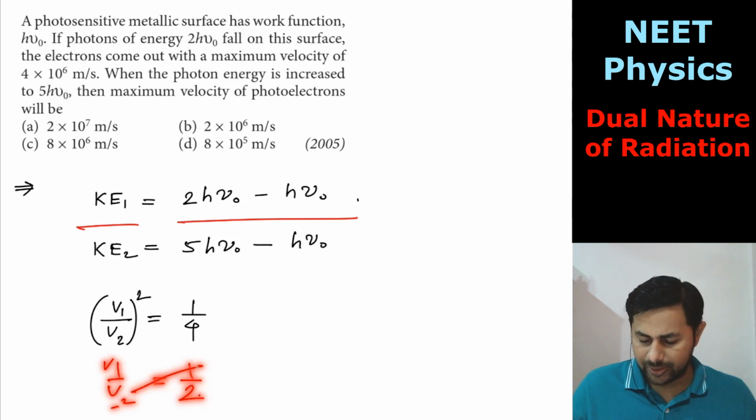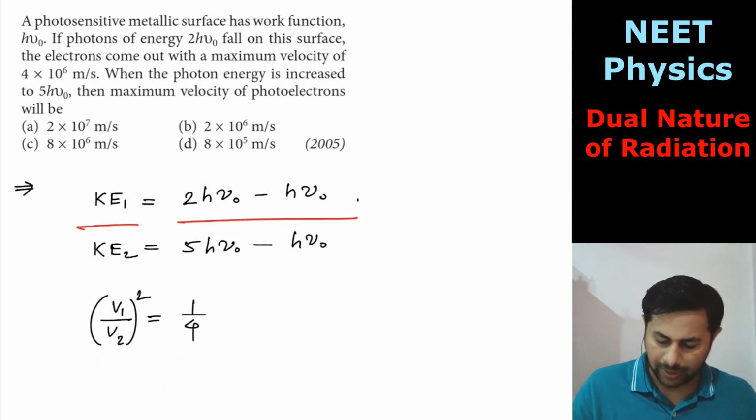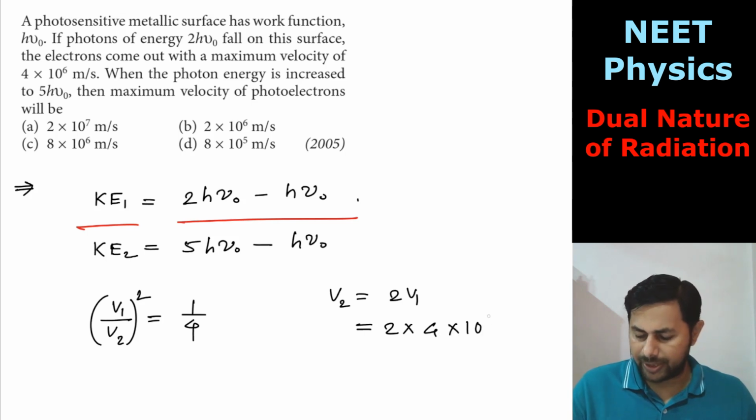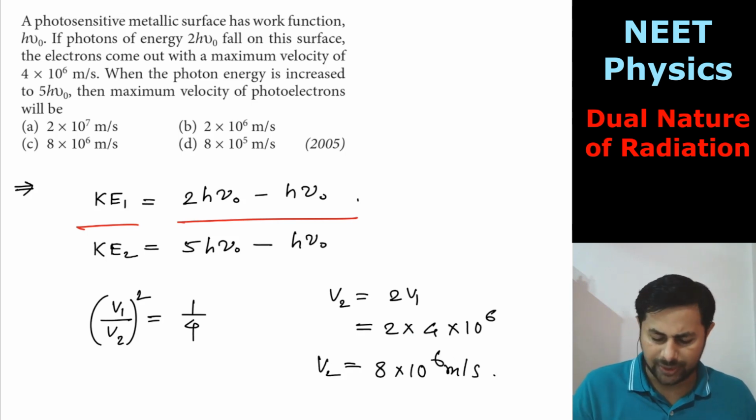So v2 is just 2 times v1, and that is equal to 2 times 4 into 10 raised to 4 multiplied by 10 raised to 6 plus 6. So it is 8 multiplied by 10 raised to 6 meters per second. Right, so that's the answer. It's option C.